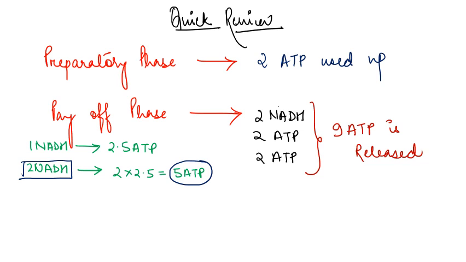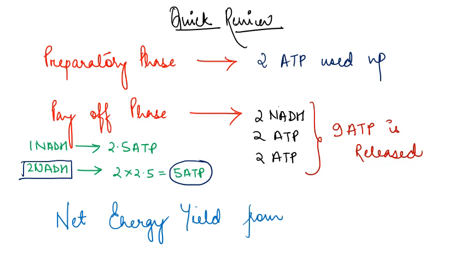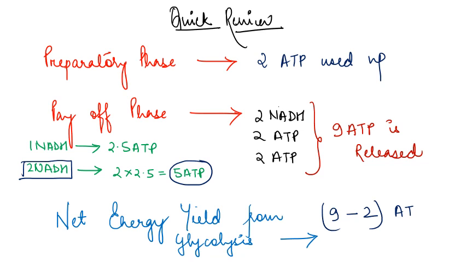Now we will see the net energy yield from glycolysis, which is equal to 9 minus 2 ATP. 9 minus 2 is equal to 7 ATP.